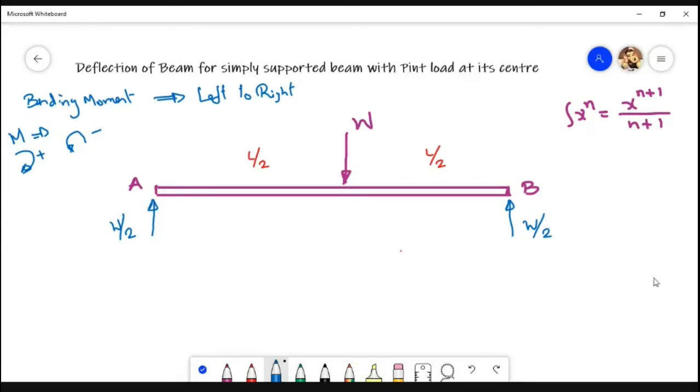Okay. So now what I'm going to do is take a section XX. This distance is x. So what will be this distance? The total distance is x. This is L by 2. So this will be x minus L by 2.